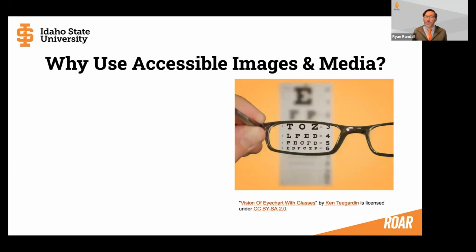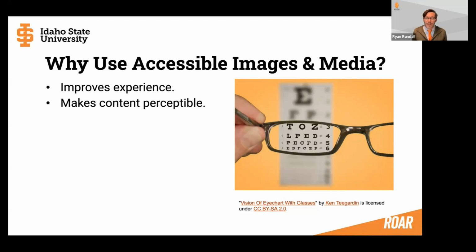So why would you want to use accessible images and media? Using images improves the experience for all of your learners, and using ones that you know are accessible goes even further than that. That helps you make content perceptible for all of your learners.